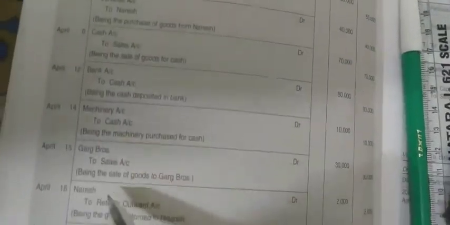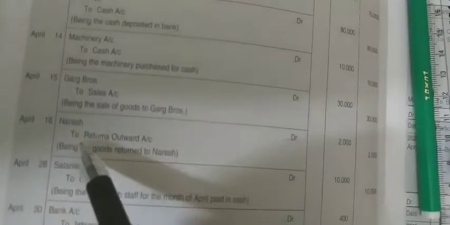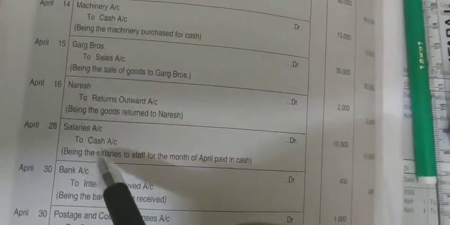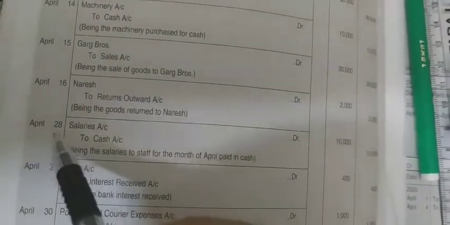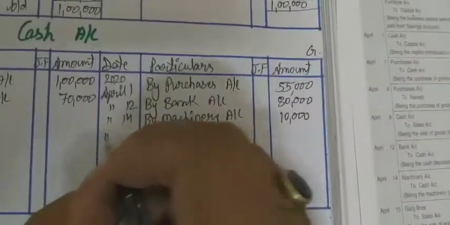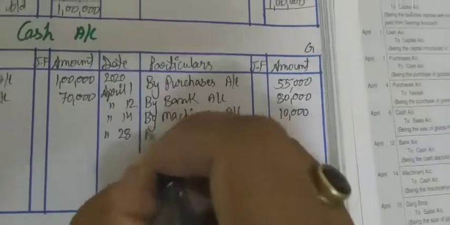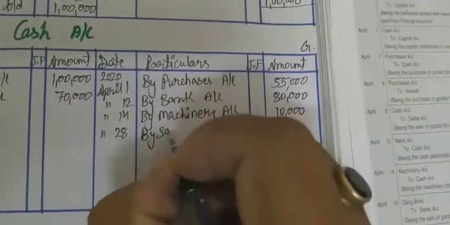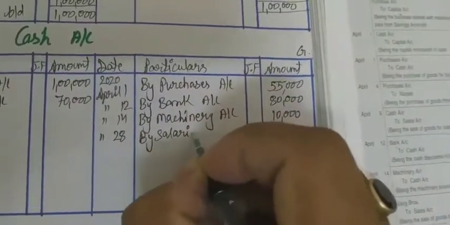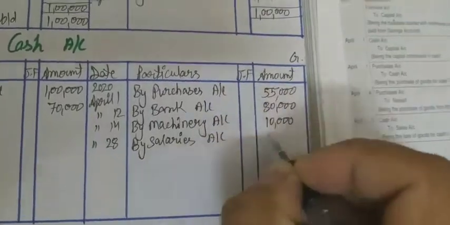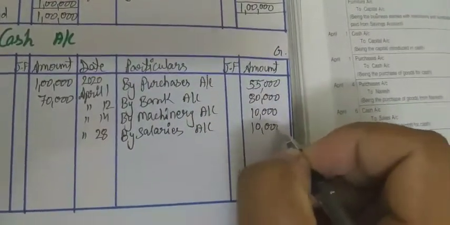After machinery there was no cash in this transaction. Yes, cash is credited with the salaries account on April 28 by rupees 10,000. So April 28, by salaries account rupees 10,000.